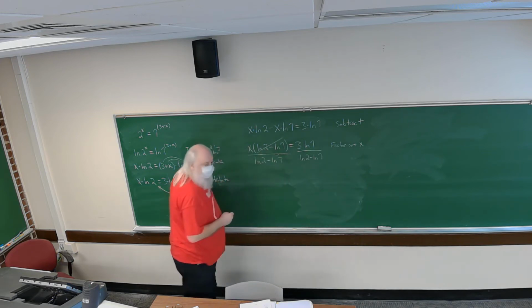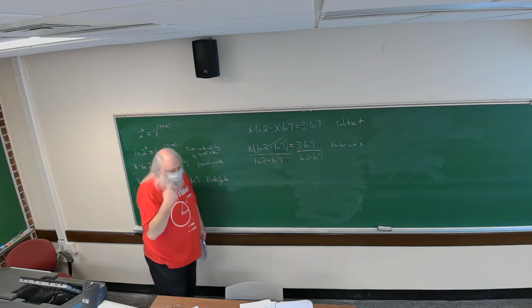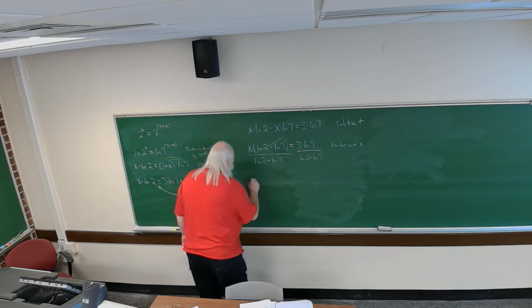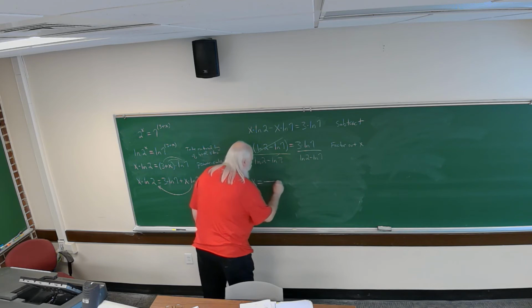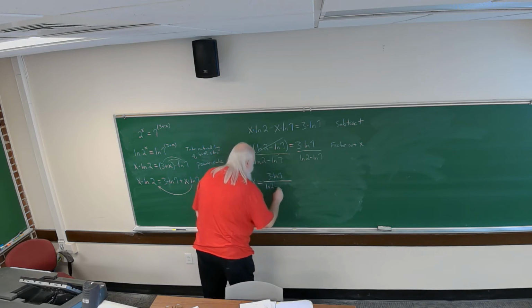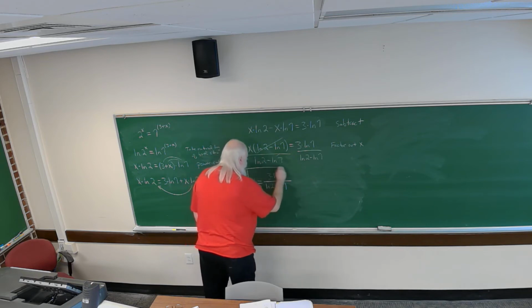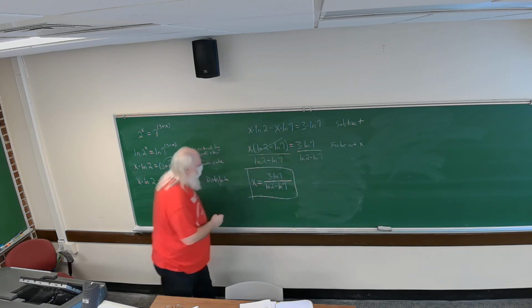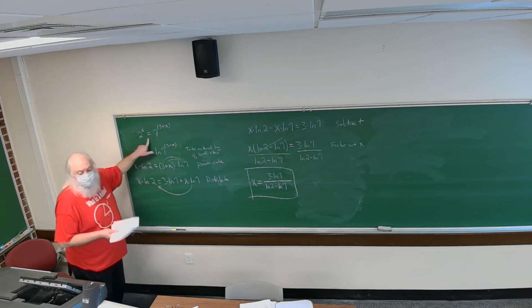What's in parentheses cancels on the left, and we're left with x is equal to 3 times the natural log of 7 over the natural log of 2 minus the natural log of 7. That is the exact solution to our original problem.